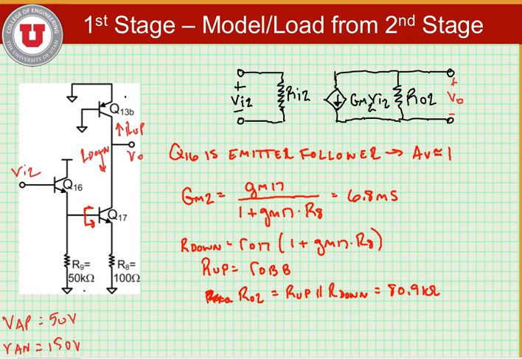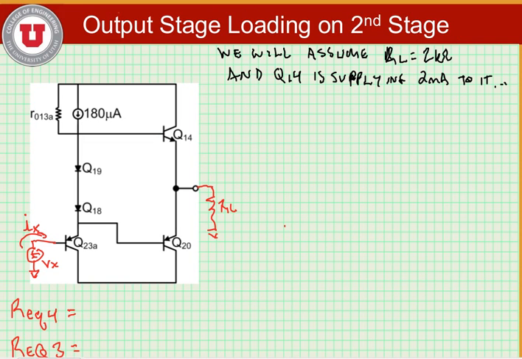Okay, so now we go to our output stage. Okay, so we're going to assume that RL here is equal to 2 kiloohms and that Q14 is supplying the current to it. In other words, the signal swing is up here, so we turn Q14 on and supply current to the load. So we could draw an equivalent circuit for this.